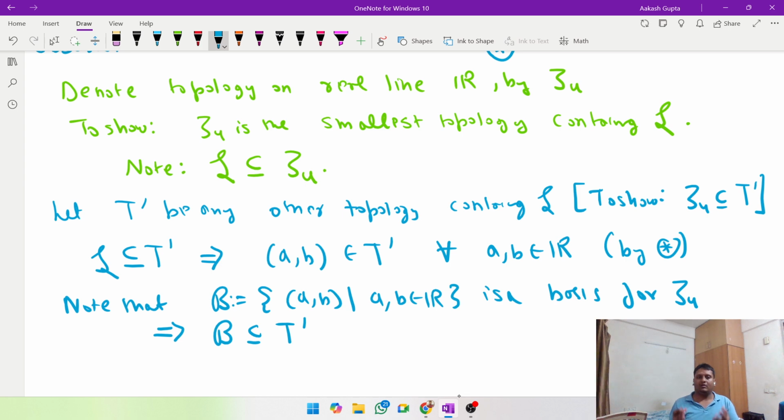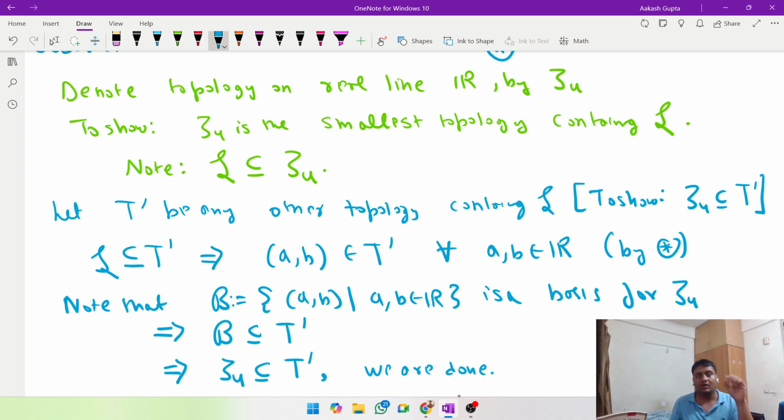Sir, what is a basis? A basis is a collection of open sets from which, if you take any open set, you can write it as a union of basis elements, right? So this implies that tau u is actually contained in tau prime.